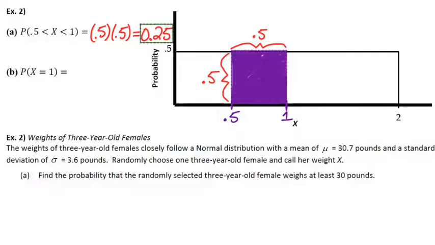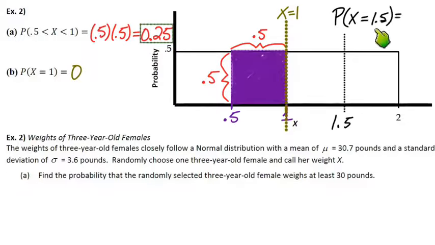The next question, and I guess this is sort of a trick question, what's the probability you get x equal to 1 exactly? If I make a dotted line here at 1, that dotted line itself has no area to measure. So if you ask me equal to 1, the probability is 0. This thing has no area. Similarly, if I mark off 1.5, for example, what's the probability x equals 1.5?